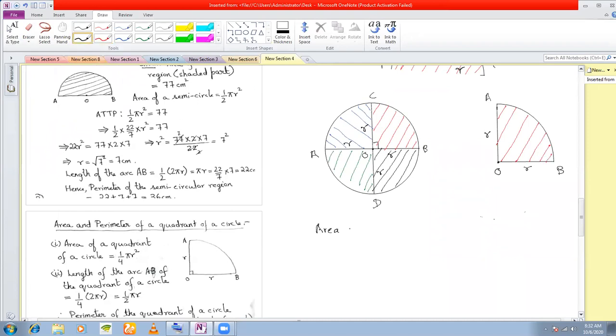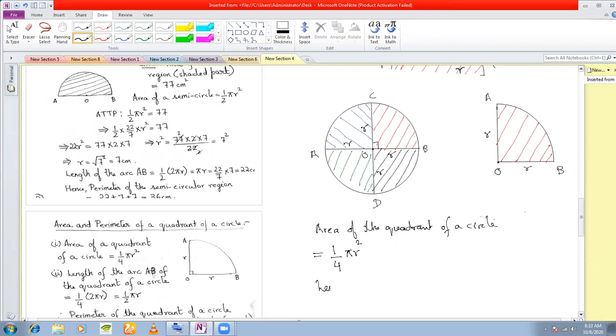Area of the quadrant of a circle is, since it is one fourth part of a circle, one fourth into the total area. What is the total area? Pi r square. So the area of the quadrant of a circle is 1/4 pi r square.